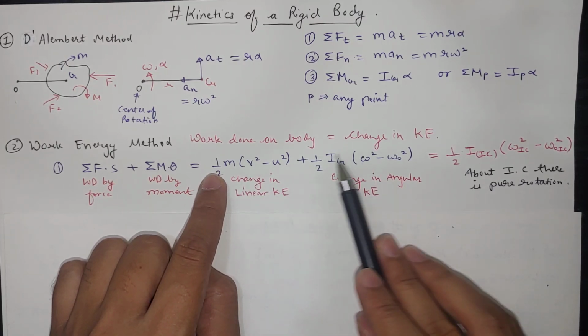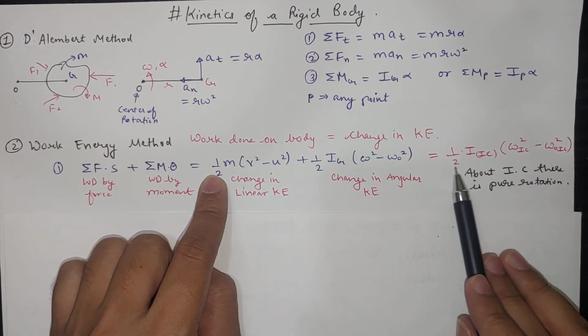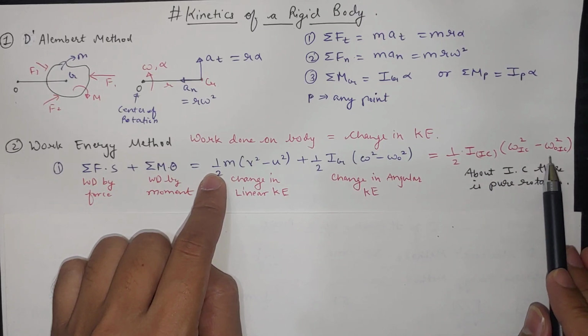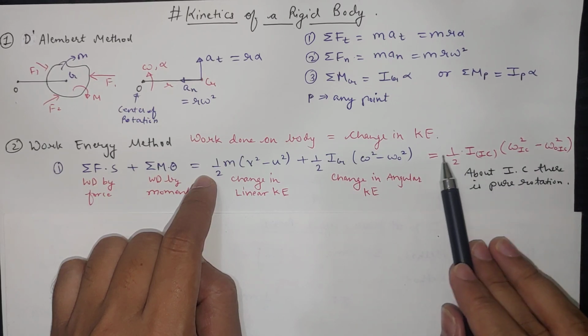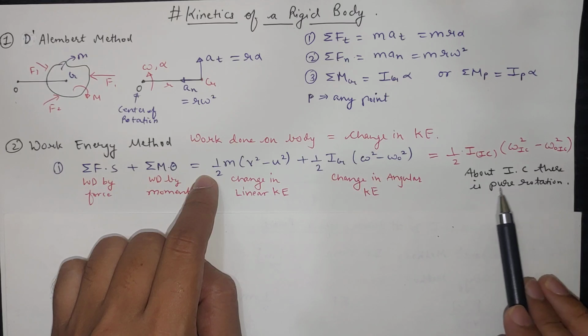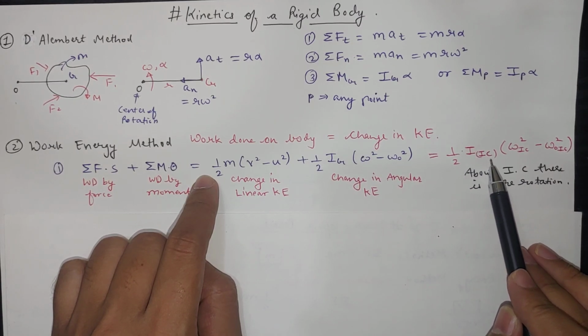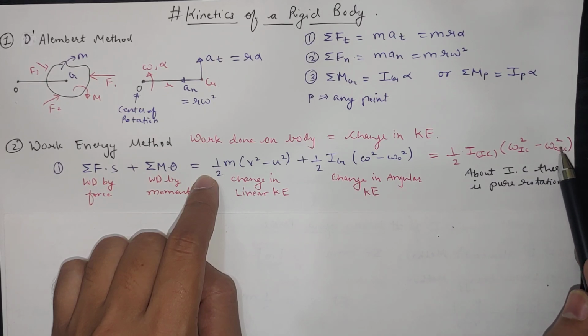If we combine both these terms and use a single kinetic energy, which is the rotational kinetic energy, there should be pure rotation, and we know in pure rotation there is no linear motion, so the linear kinetic energy change will not occur. About the I center there is pure rotation. So about the I center, we take half I at the I center of the body into (omega I center squared minus omega naught I center squared).